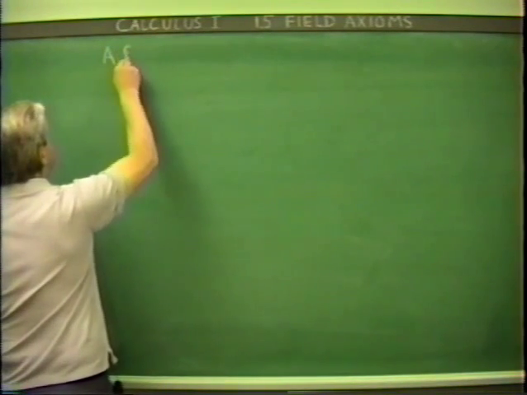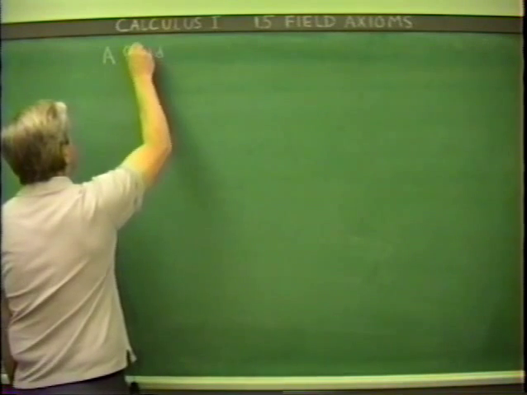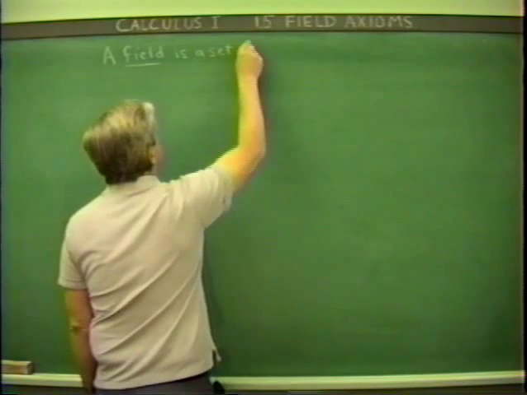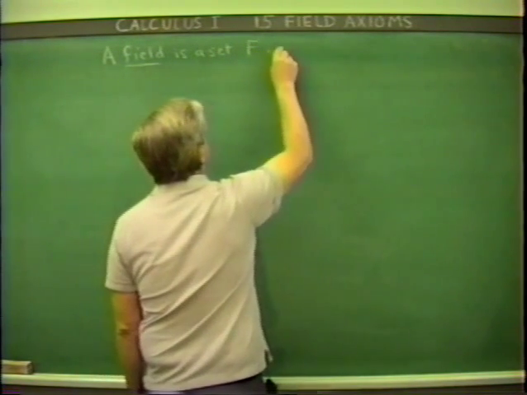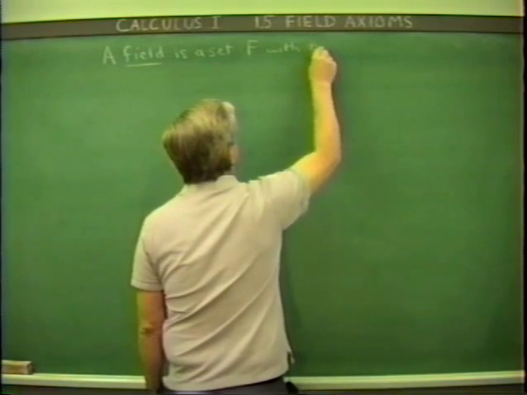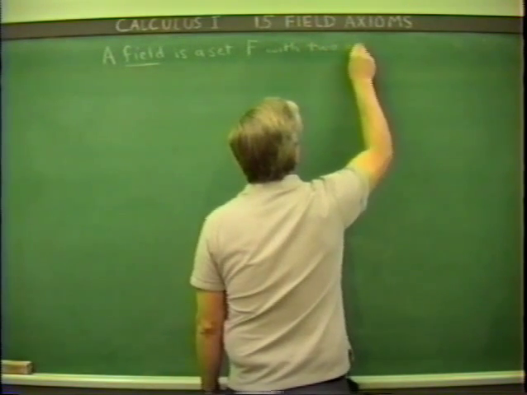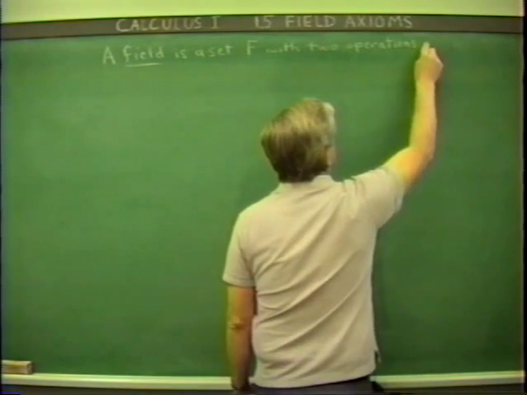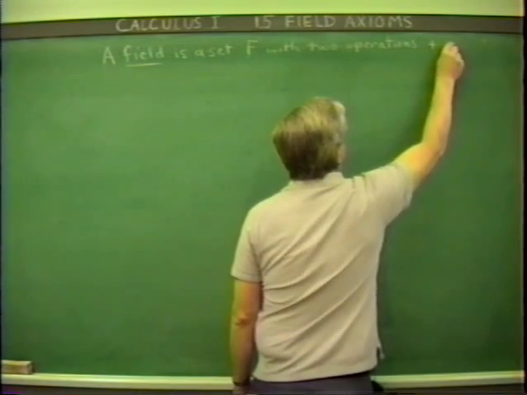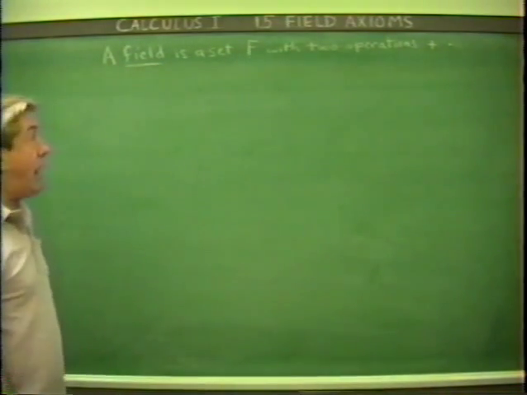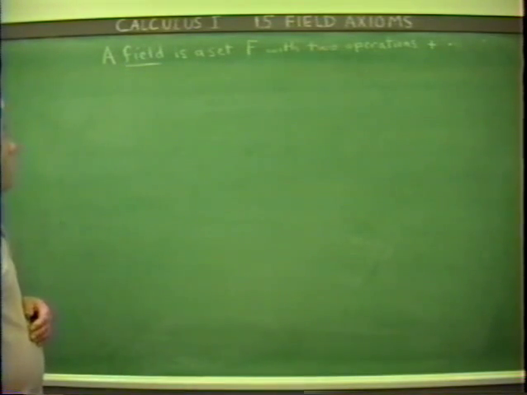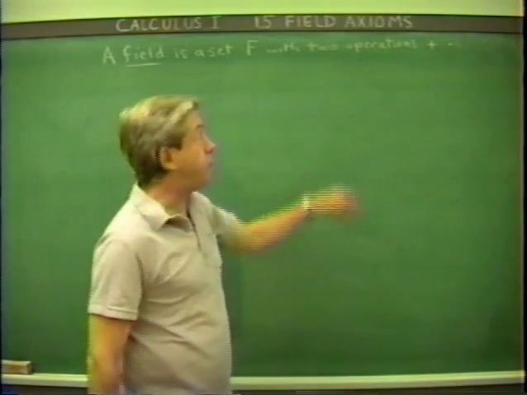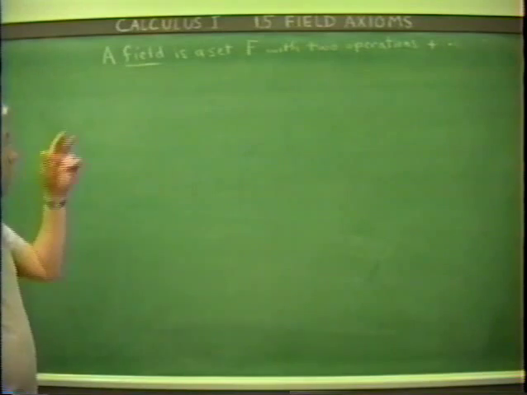A field is a set, say F, with two operations: addition, plus, and multiplication, written with a dot frequently. An operation is something that takes elements from a given set back into the set itself.